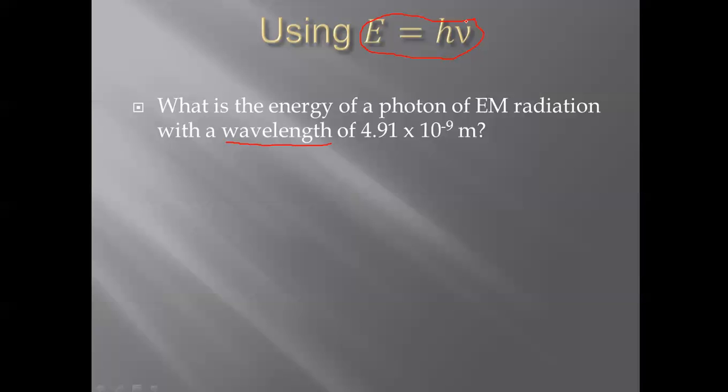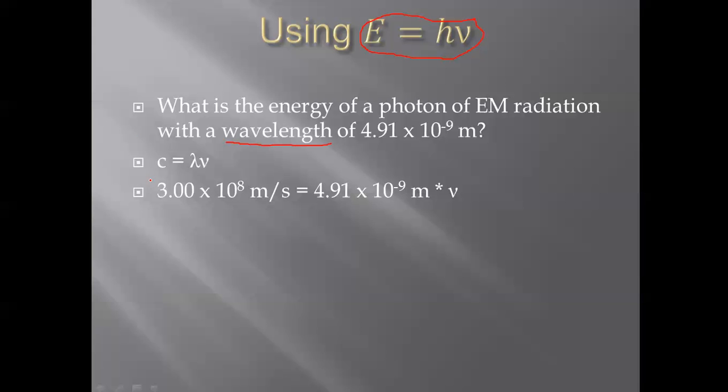We don't have an equation that directly relates energy to wavelength. So what we're going to have to do is turn that wavelength into a frequency first, because we cannot use this equation with a wavelength. So I'm going to use the first equation, and I'm going to turn that wavelength into a frequency to give me something that I can use in this equation.